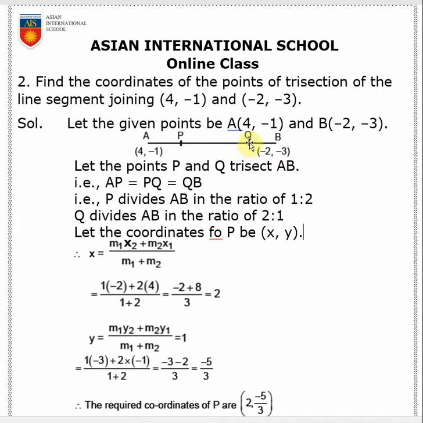Similarly, Q is such a point dividing AB into AQ and QB. Now AQ is to QB must be 2:1. Okay, so that means the ratio is indirectly told.